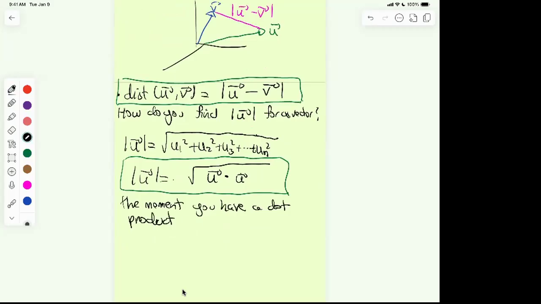You get a formula for the length or the magnitude, and then one for the distance.